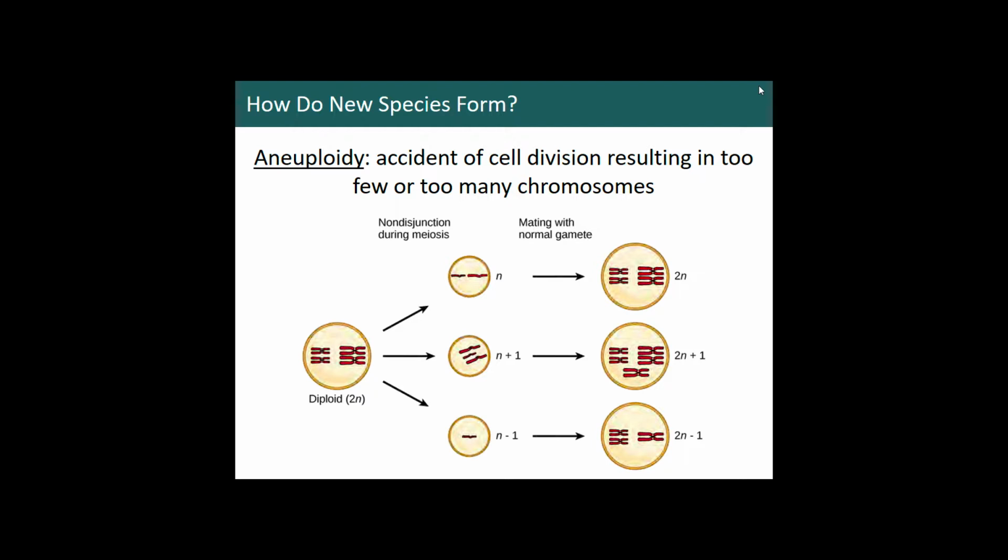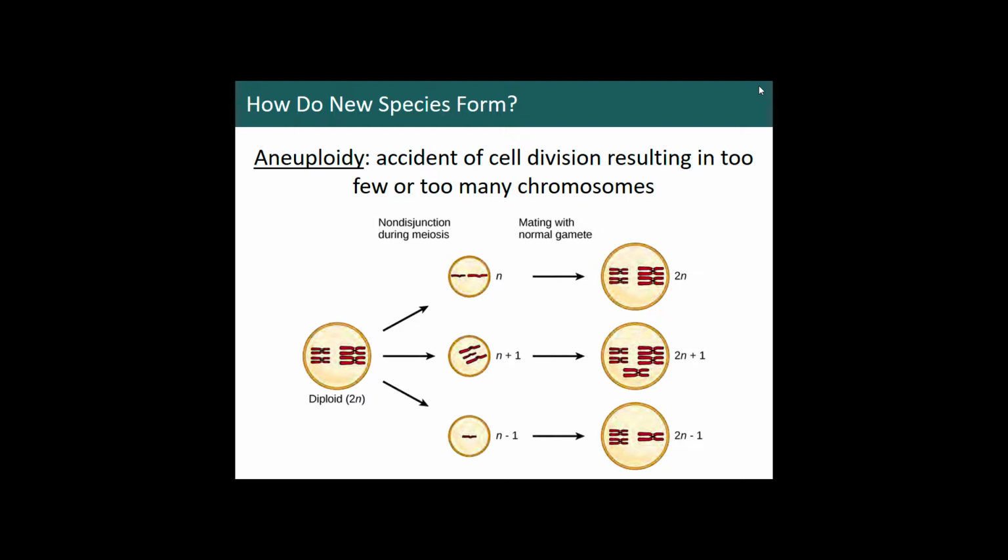And so in this particular example here, we have a diploid individual, a 2N individual who has a total of 4 chromosomes. When that cell divides, if non-disjunction occurs during meiosis, some of the gametes have fewer chromosomes than expected, and some of the gametes have more chromosomes than expected, right?